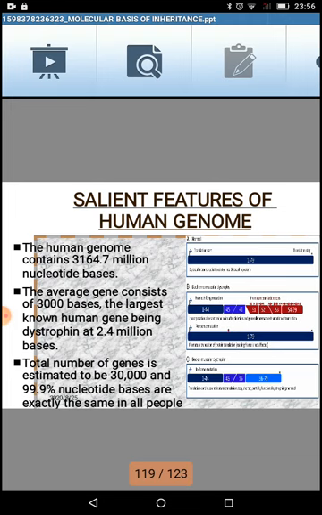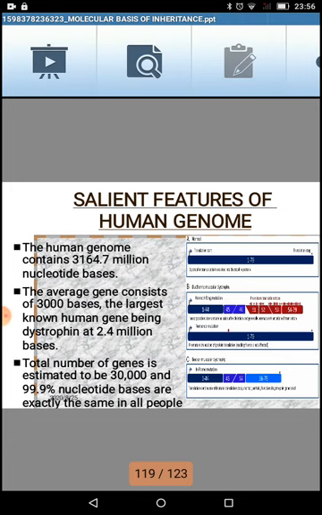So remember how complex our DNA is. On average every gene will contain 3000 bases, but one gene has beyond your imagination, around 2.4 million bases present in it. That was called dystrophin. Dystrophin is also involved with a disease, where the degeneration of the muscles will start.